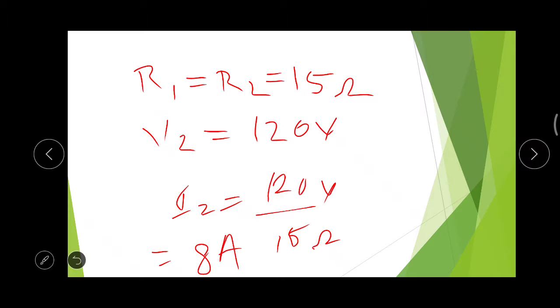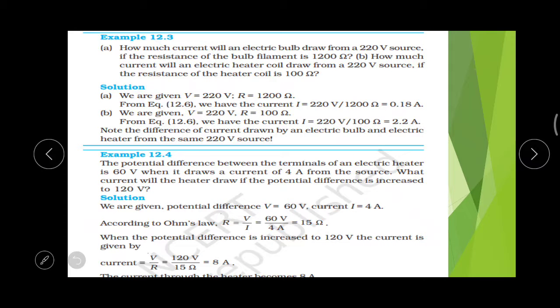So in that question, two conditions were given. The first was 60 volt and the second was 120 volt. For the first condition, the current value was 4 ampere. So using the current value and the potential value of the first case, you have found the resistance of that conductor. Sorry, here it is given as a heater.